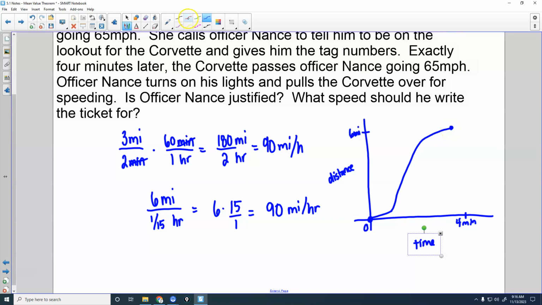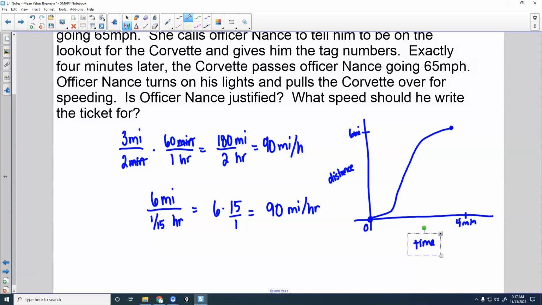So what we know by the mean value theorem, because we would assume that this graph, by the laws of physics, has to be continuous and differentiable. Unless he can teleport from one place to the other, it has to be continuous, right? He cannot be 2 miles away and then suddenly 3 miles away instantaneously. That can't happen. You can't have a jump in this graph. It has to be continuous.